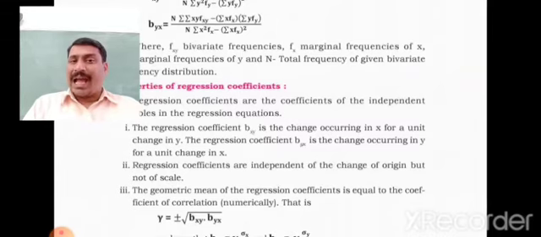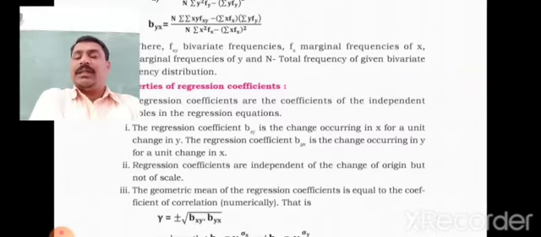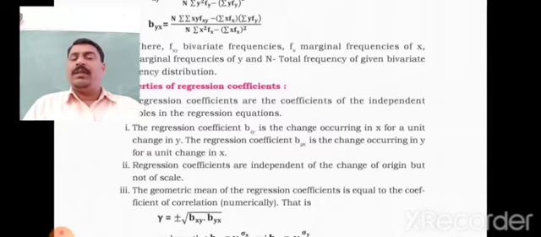It means if we add or deduct any value to all the variables, that doesn't affect our bxy and byx values. The values will remain the same if we calculate them directly. Suppose we divide or multiply all the variables by any constant value, then it changes our coefficient values. That means we don't get an accurate answer here.